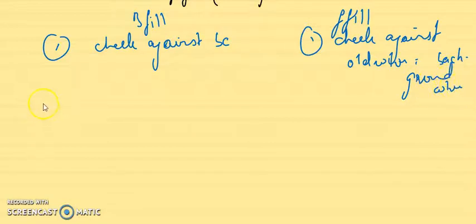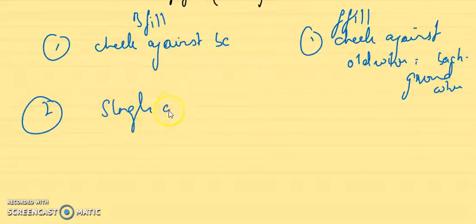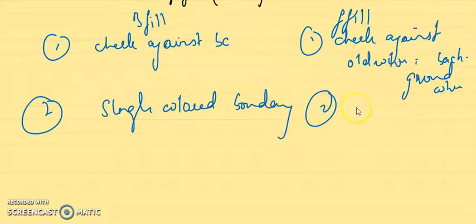So that's my first disadvantage. The second disadvantage is that B fill can be used only for a single colored boundary, and here multicolored boundaries can be processed.